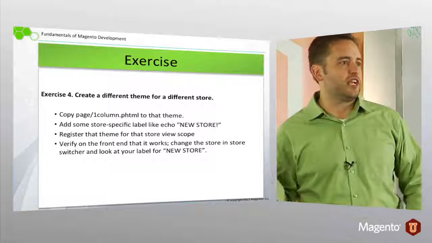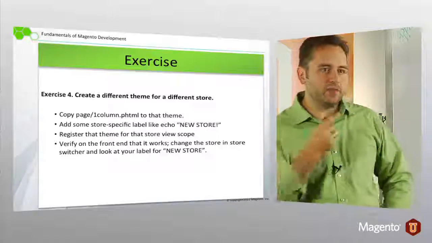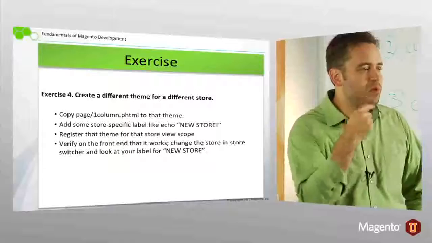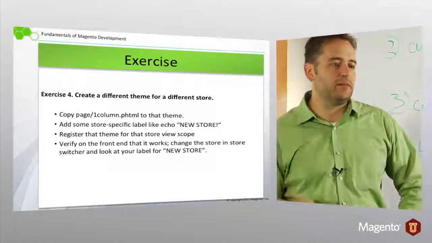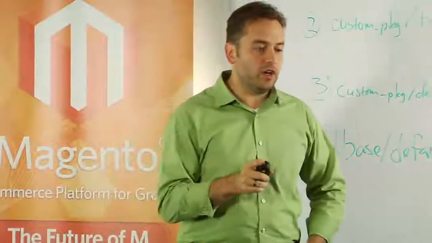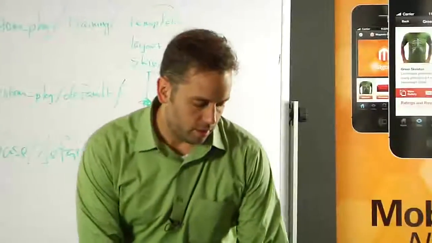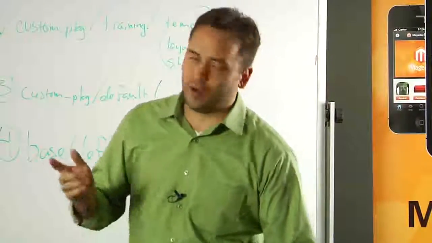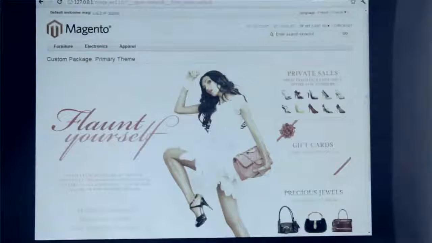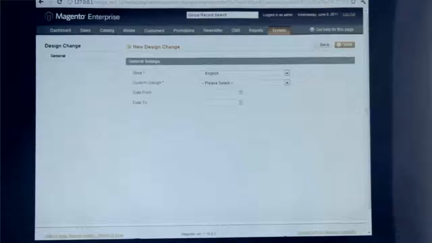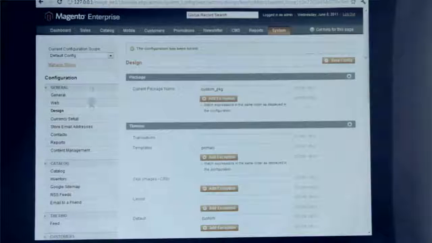You saw me do this a second ago. I just went down into a store scope, specified a different setting, and then that became the theme that was used. Say I have that customization in the primary theme. I could even go back here.